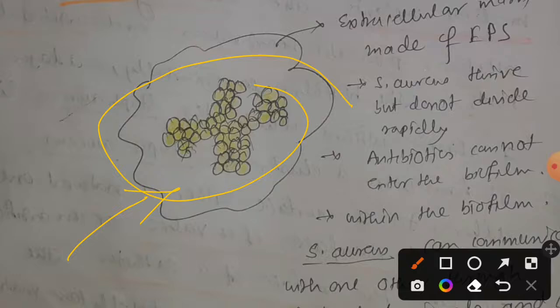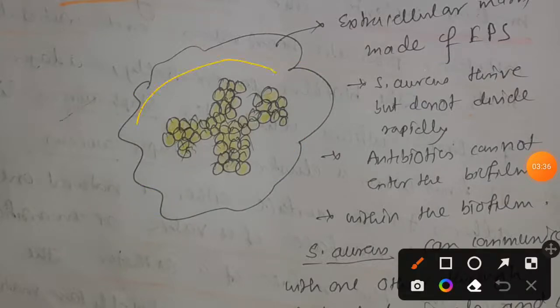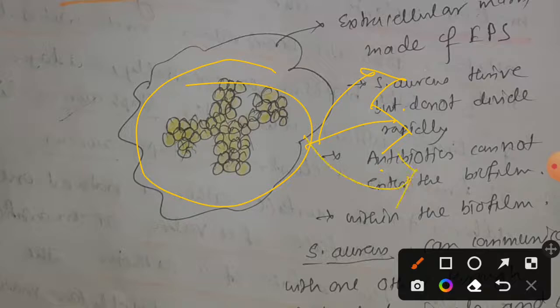So what is the biofilm? Biofilm is when a cluster of Staphylococcus aureus adhere to a surface. That surface may be natural, for example a heart valve, or artificial, for example various medical implants, for example intravenous medical catheters, prosthetic heart valves, artificial joints.